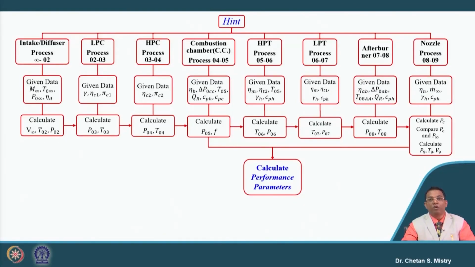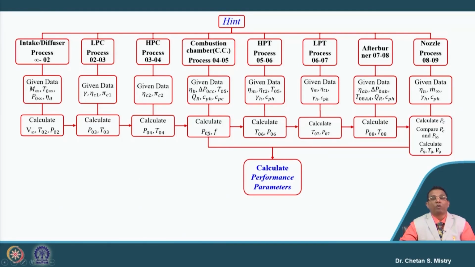So, if we go through what we were doing, it is the calculation of exit pressure and exit temperature from different components. We have done our calculation for exit temperature and pressure of the intake, the LP compressor, and the HP compressor.